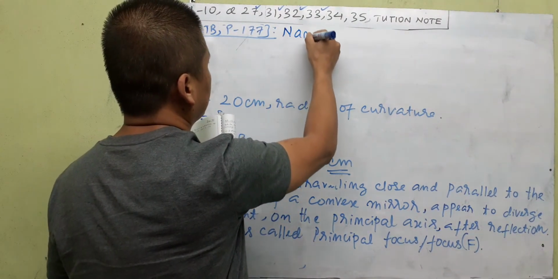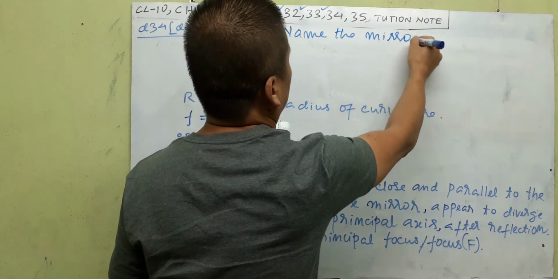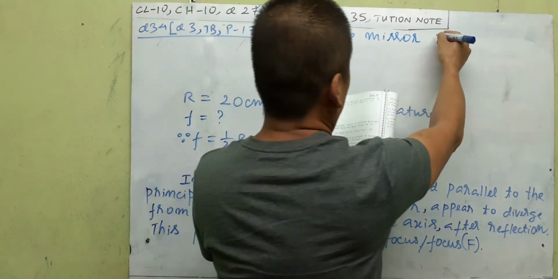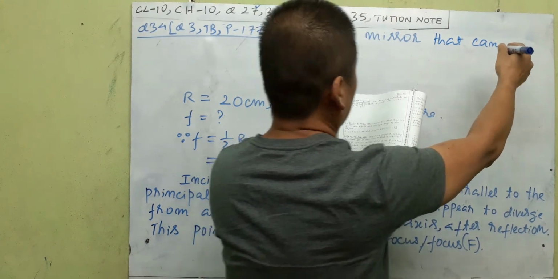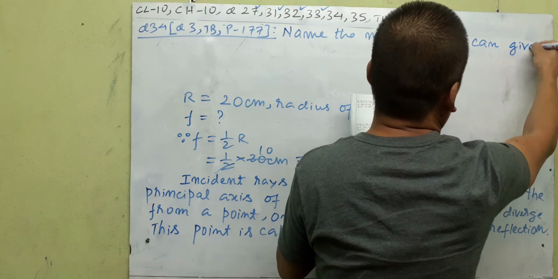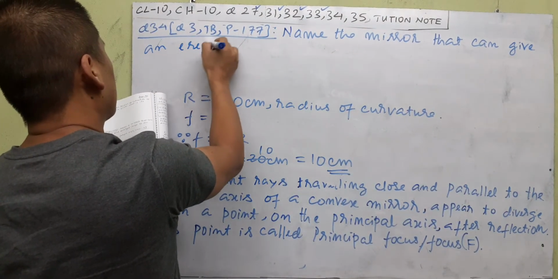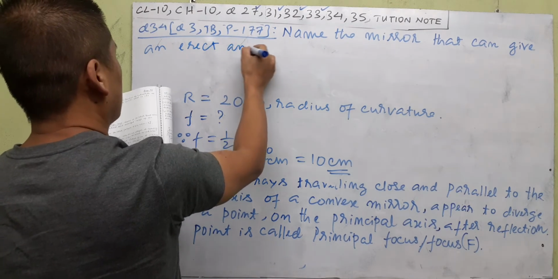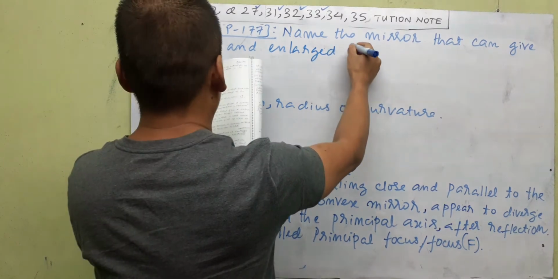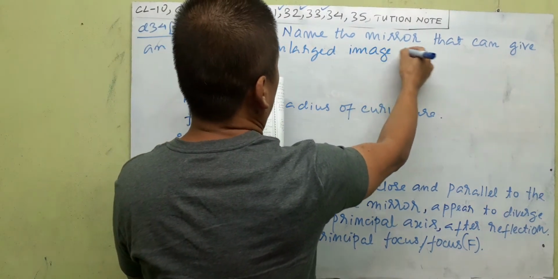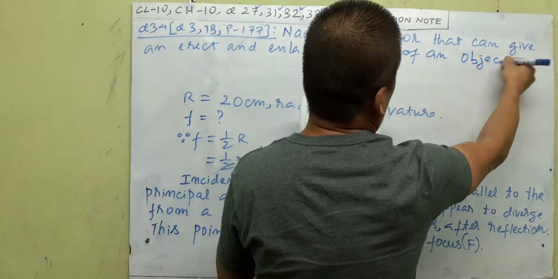Name the mirror that can give an erect and enlarged image of an object.